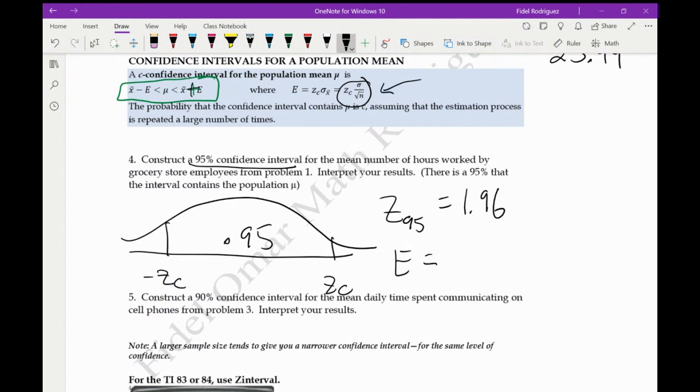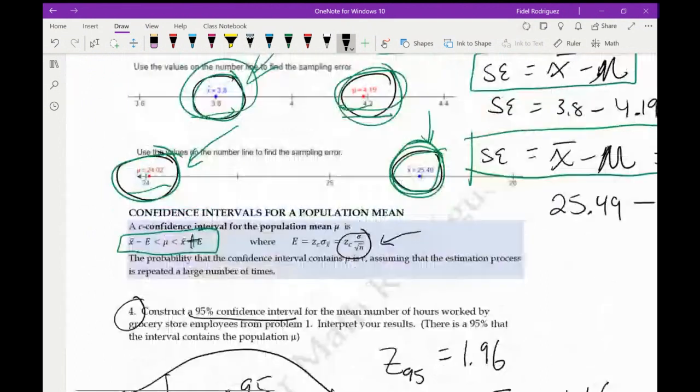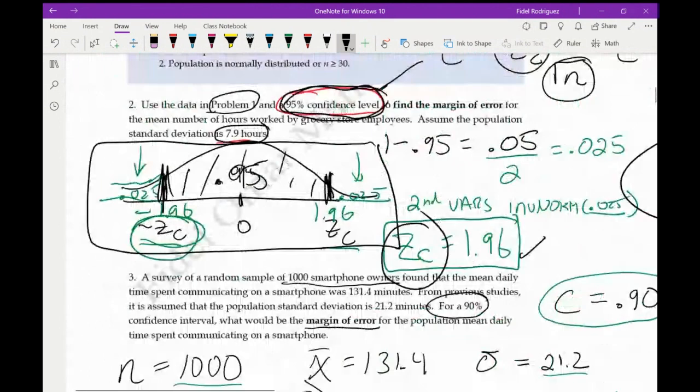Now the next thing I'm going to do is find my margin of error. I'm going to use this formula. We have 1.96 times sigma, because we're going to problem number 1, the one about the grocery store employees. If I scroll up to part 2, it gave me the population standard deviation as 7.9.